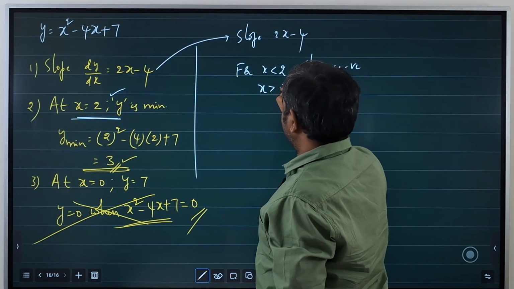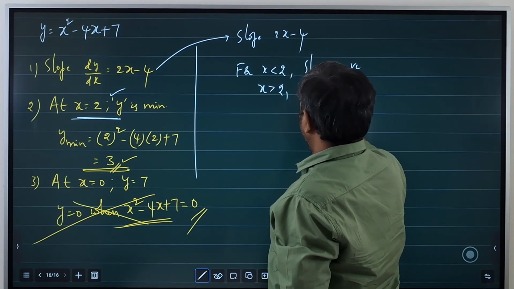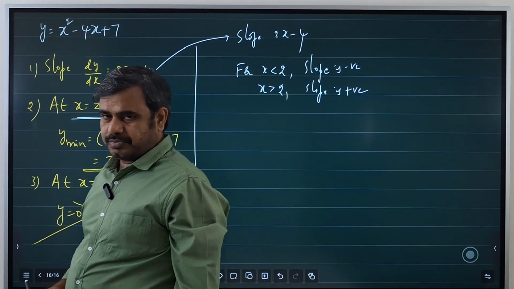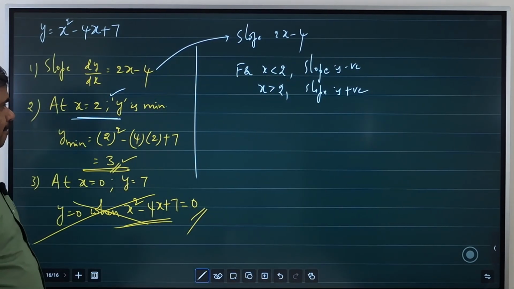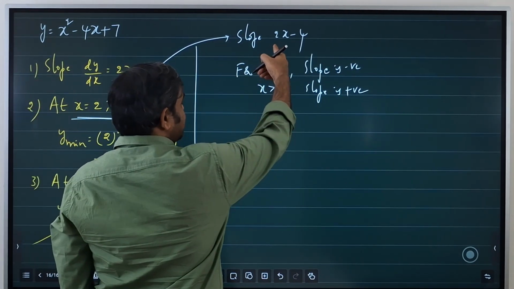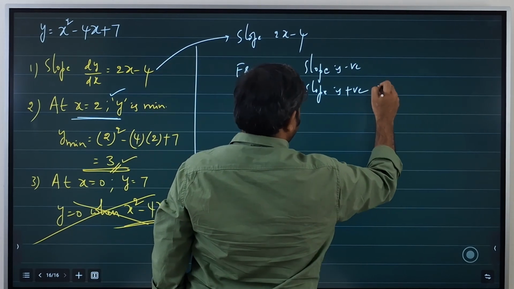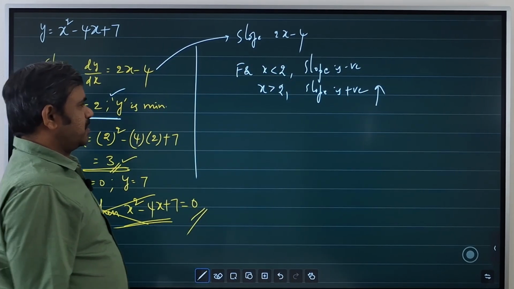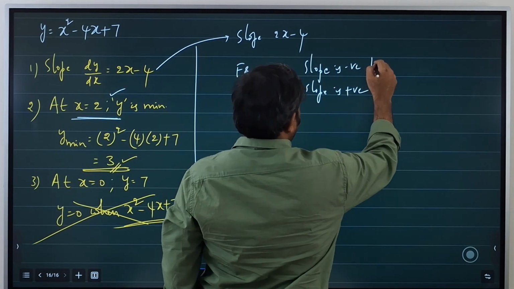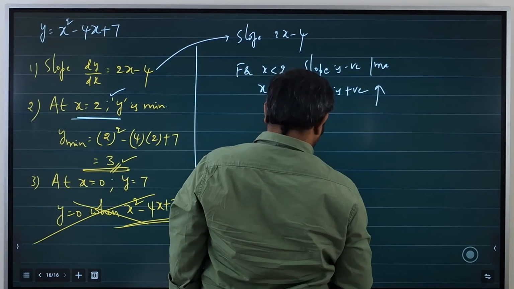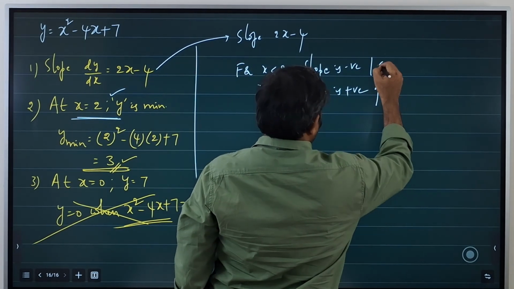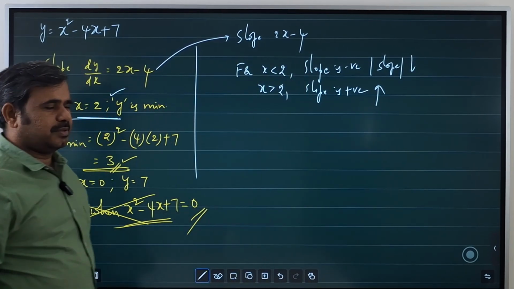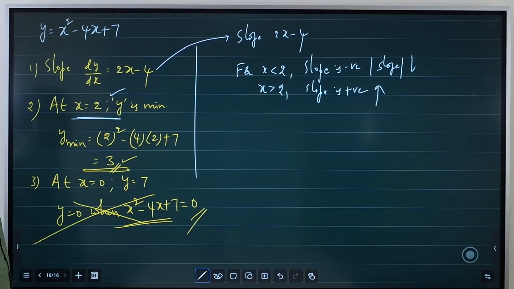For x greater than 2, slope is positive, and as x increases, slope increases. It means the magnitude of the slope decreases, or slope increases. It becomes less and less negative.